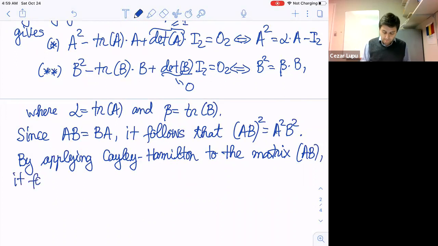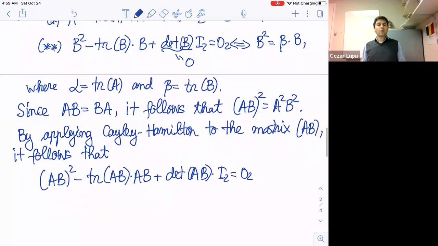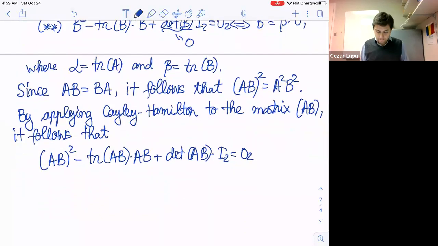It follows that, let's write it, (AB) squared minus trace of AB times AB plus the determinant of AB times the identity is 0, 2.